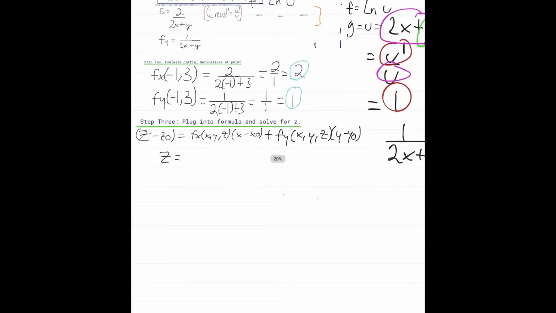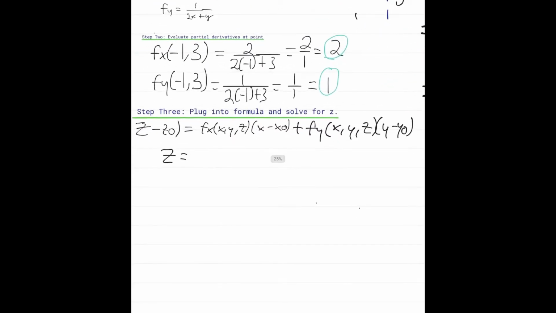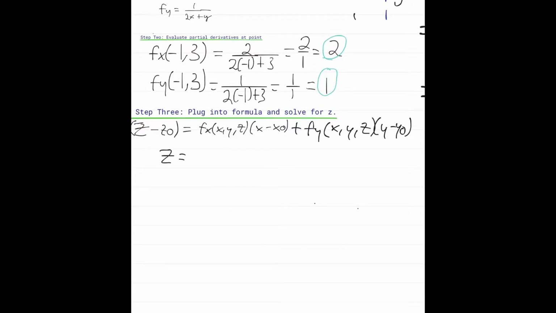So we know now that whenever we plug in the points, the original function was 2x plus y. But what's the tangent plane and linear approximation? Well, we have our partial x evaluated at 2. So we plug in 2. And then x minus whatever our point is. Our point is negative 1, so x minus negative 1.